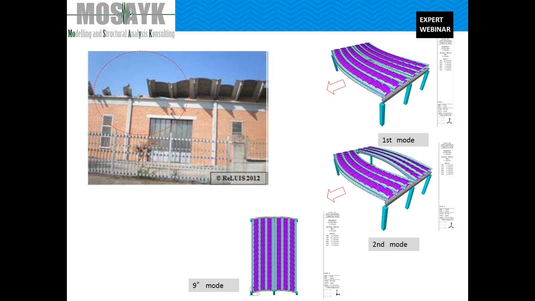This mechanism has been greatly observed, as we can see in the picture, in previous earthquakes. It gives rise to a loss of support, as clearly seen in the field observation during the Italian earthquake.